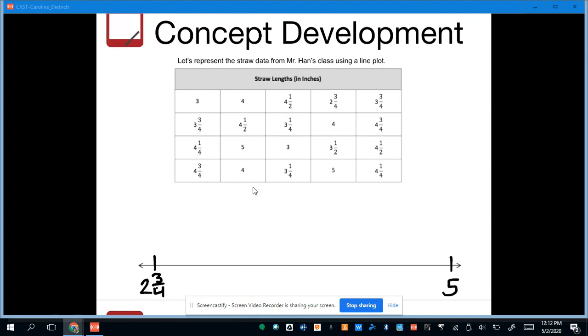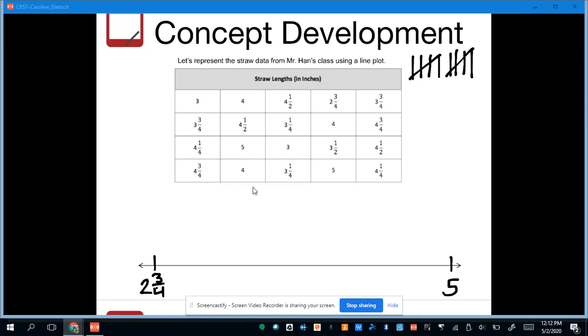Now I know that I need to count by fourths because as I can see, all of the fractions are fourths or halves, and 2/4 is the same as 1/2. So I'm going to count how many I need by counting by fourths from 2 3/4 to 5, and I'll tally how many. 2 3/4, 3, 3 1/4, 3 2/4, 3 3/4, 3 4/4, 3, oh, that's 4. 4 and 1/4, 4 and 2/4, 4 and 3/4, 5.